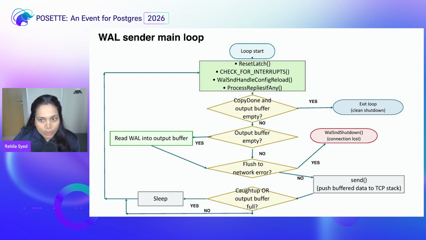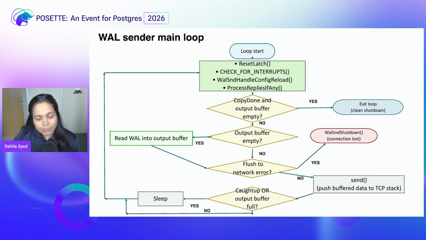Moving on, we can see a decision box, and that is the exit condition. The exit condition check in that loop checks if the standby is done receiving WAL, which is indicated by copy done, as you can see on the screen, and if the output buffer is empty.